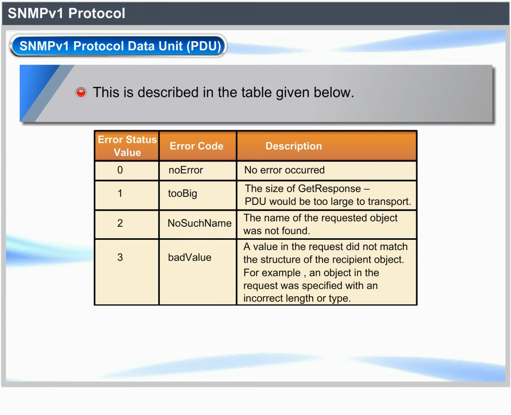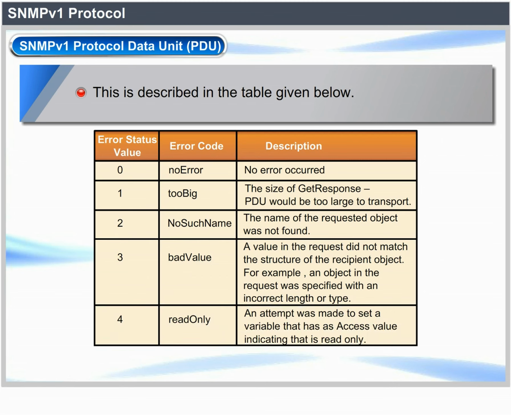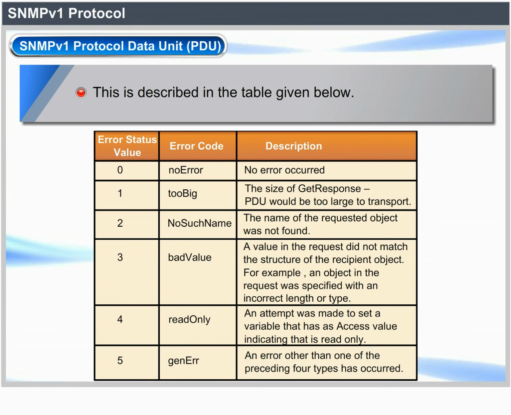For example, an object in the request was specified with an incorrect length or type. 4, read only. An attempt was made to set a variable that has an access value indicating that it is read only. 5, gen error. An error other than one of the preceding 4 types has occurred.